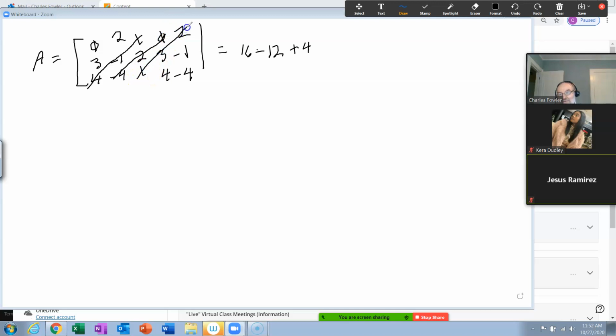And the next one is a 6, but since it's an up diagonal, that'll be a minus 6. Okay, let's combine what we've got. 16 minus 12 is 4. 4 plus 4 is 8. Minus 6 is 2. So that should be our determinant. And sure enough, it is.